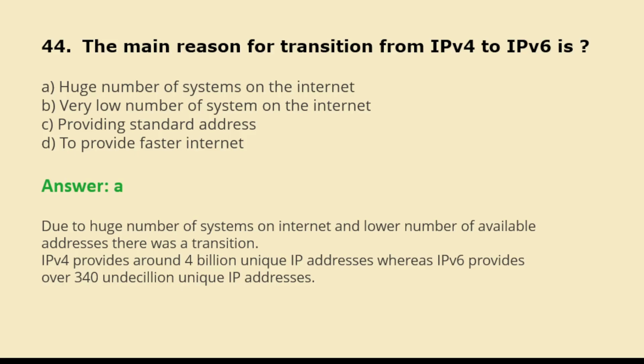So due to huge number of systems on internet and lower number of available addresses, there was a transition. IPv4 provides around 4 billion unique IP addresses, whereas IPv6 provides over 340 undecillion unique IP addresses. So see such a vast difference between providing IP addresses from IPv4 to IPv6.